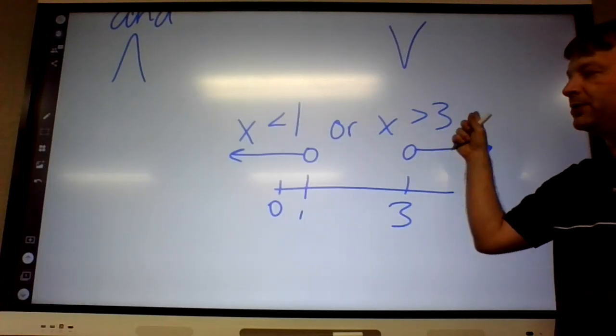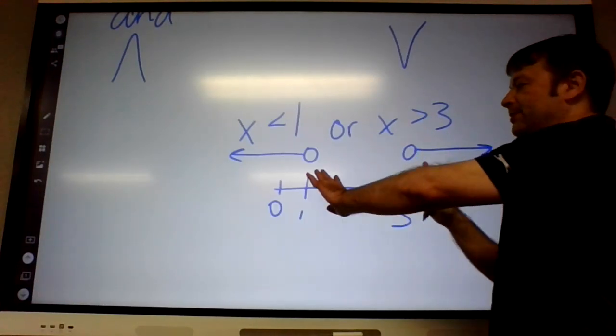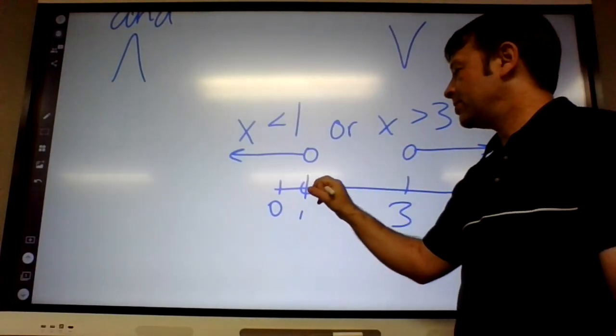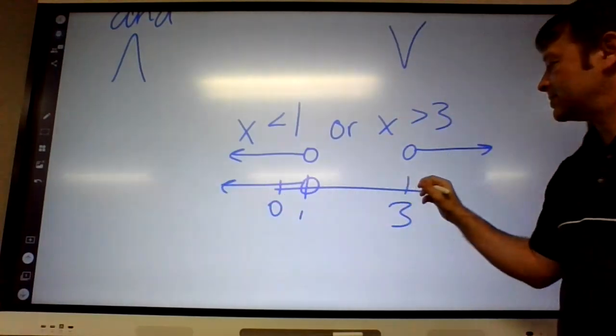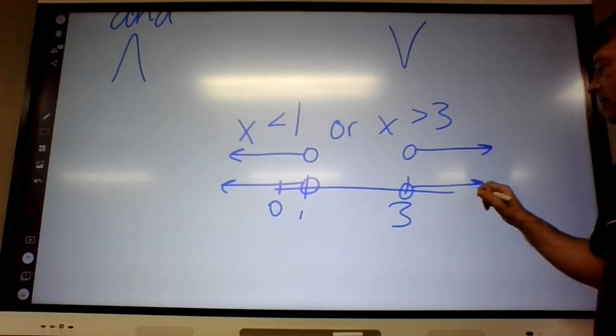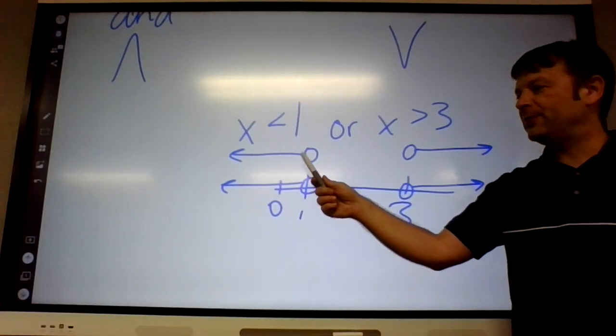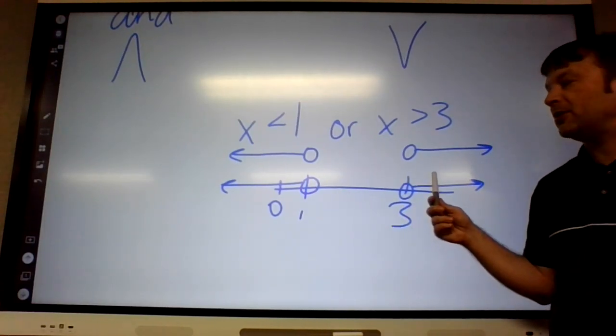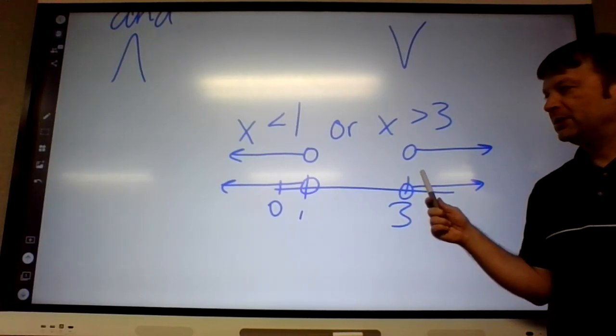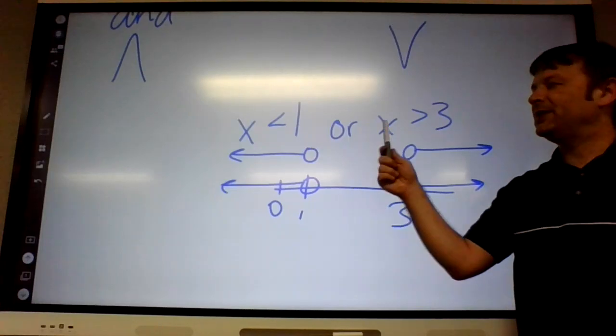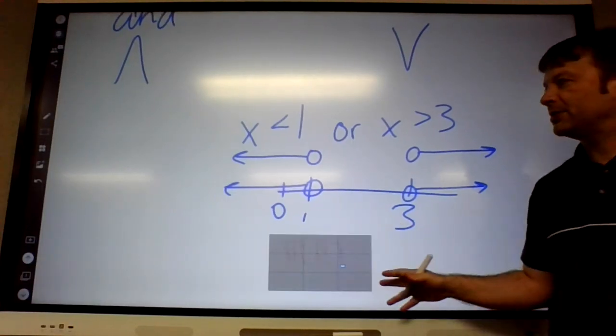Yes, it's greater than 3. So all these numbers out here still work. So basically what this means is that or uses where either of them are at, or uses all of it. Okay? It doesn't have to have anything in common because it's an or. They don't have to share anything.